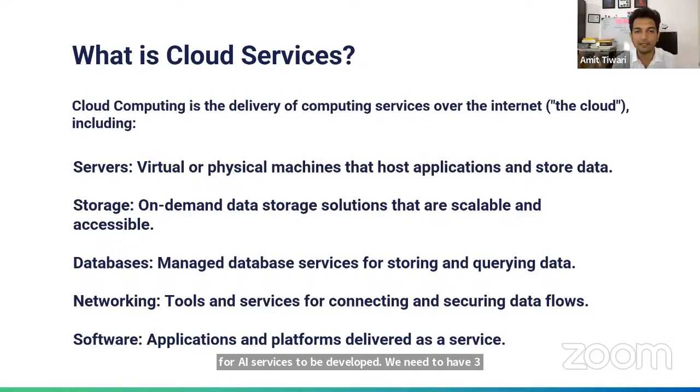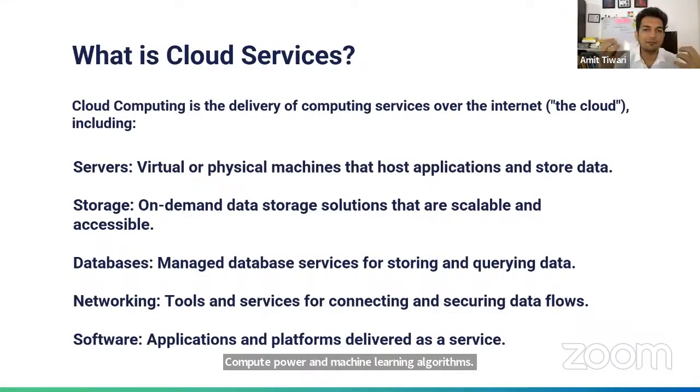One, access to data. Second is the use of compute power. And third is the machine learning algorithms. So whatever we are going to design or learn in the following master classes and your own project that you will design on AI and ML, you will be needing these three things: access to data, compute power, and machine learning algorithms.